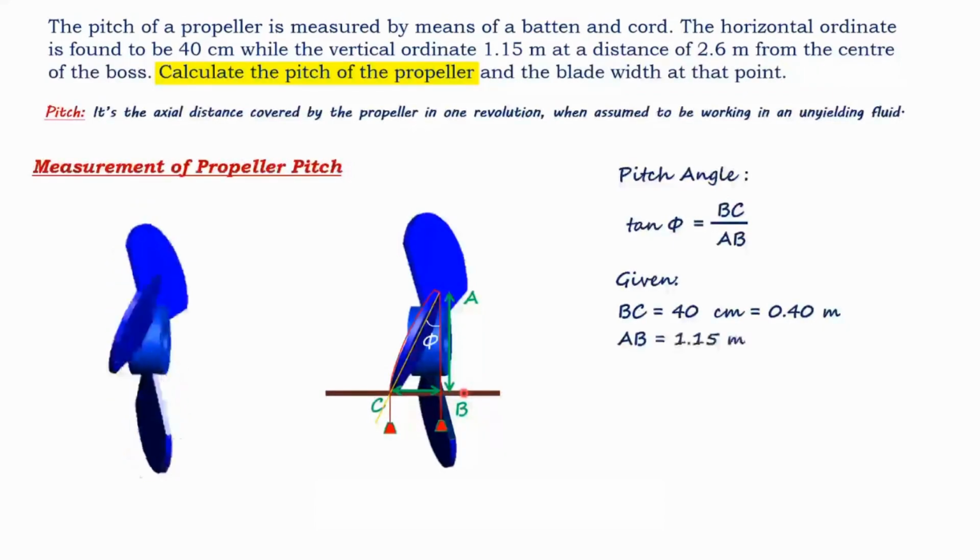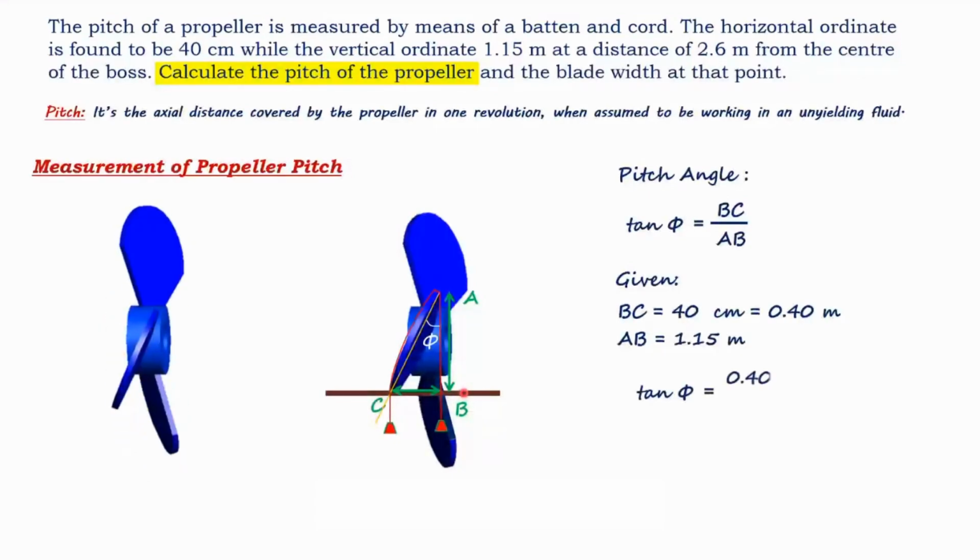I'll tell you why we are converting to meters: because we are taking a ratio, the units must be the same. The vertical ordinate AB is 1.15 meters, given in the problem. So they will both help us get the value of tan phi, and this will finally help us determine the pitch angle phi, 19.18 degrees. Understood up to here?